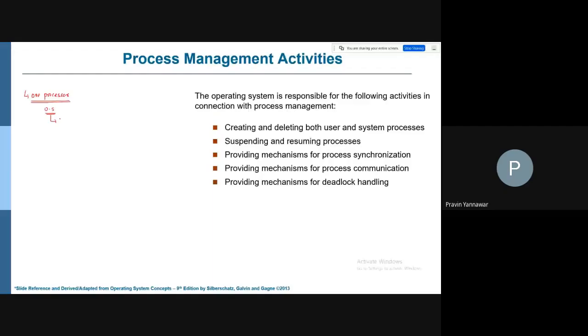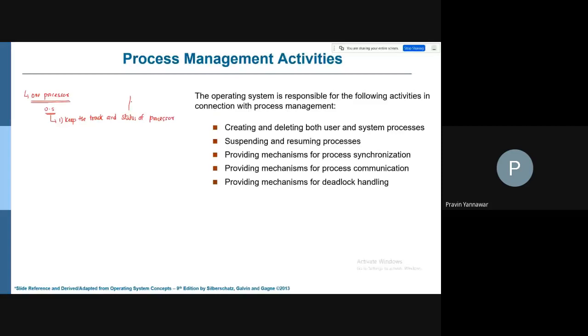So if we have one processor, as far as management is concerned, the OS has to keep track and status of the processor.